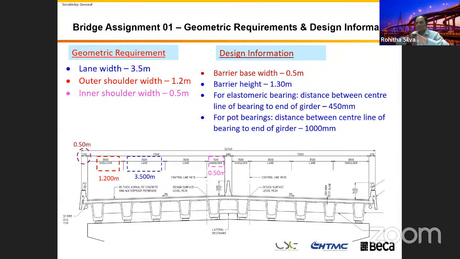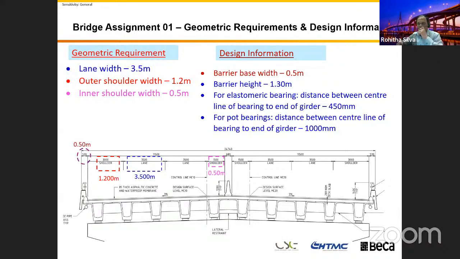In the first part, we need a dual carriageway, each carriageway carrying 3 lanes. I hope you all read the assignment. Part 1, we're looking at a 6-lane bridge, dual carriageway, 3 lanes each way, southbound and northbound.